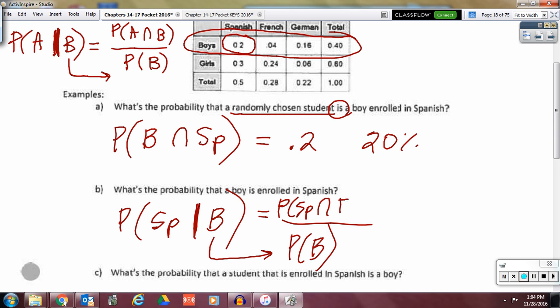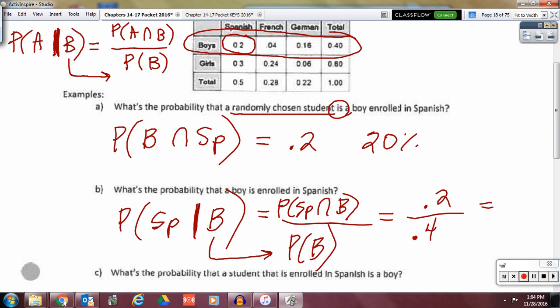Spanish and boys. Okay. So on the bottom, the number that goes there is my 0.4. My boy bag is made up of 0.4 of the population. And what are the Spanish boys on top? Spanish and boys is 0.2.